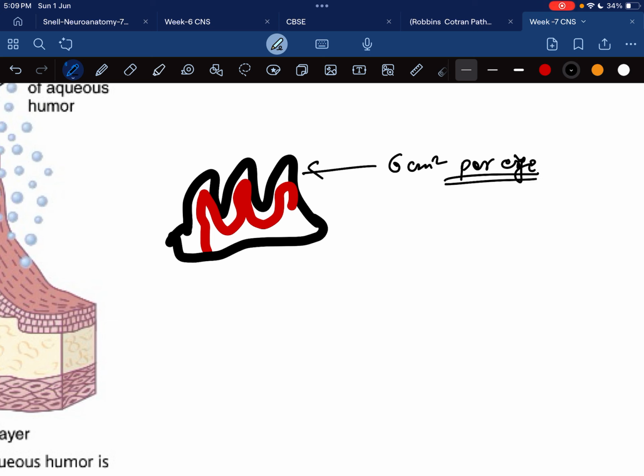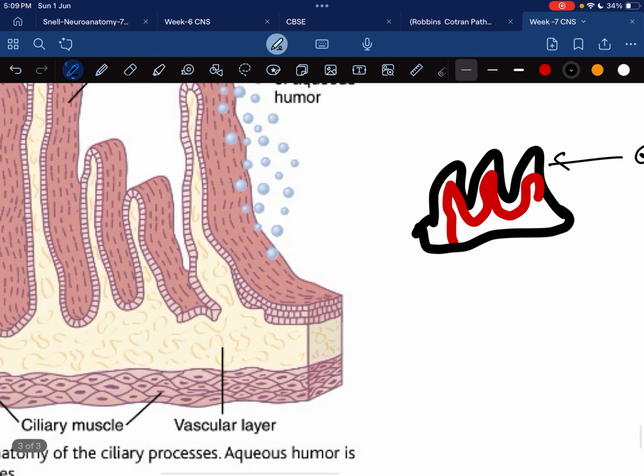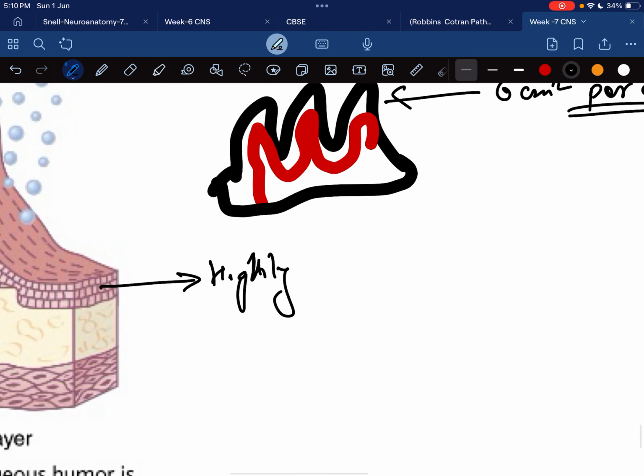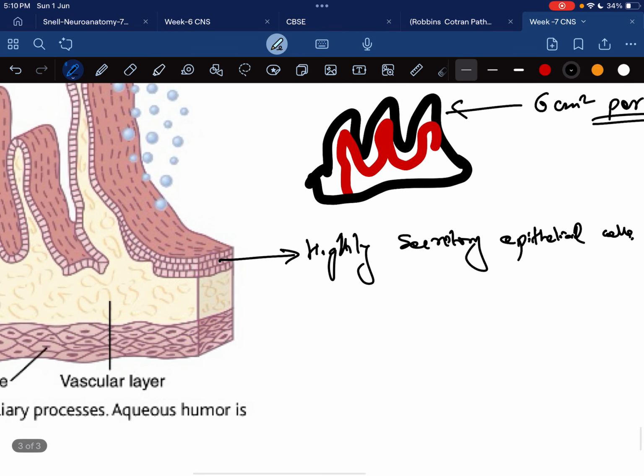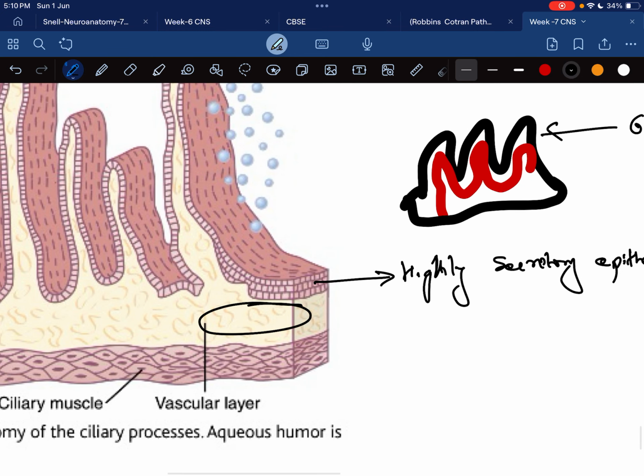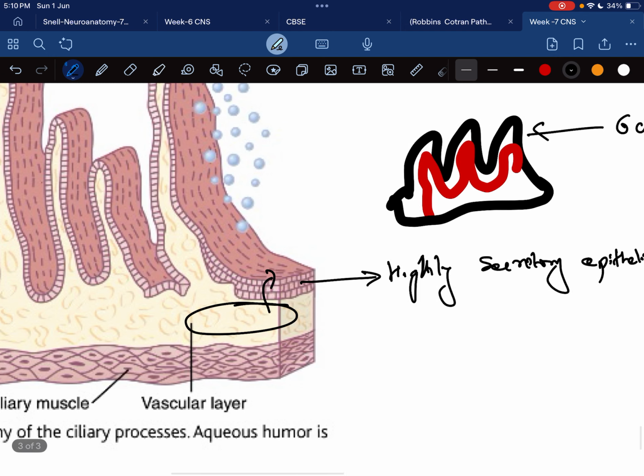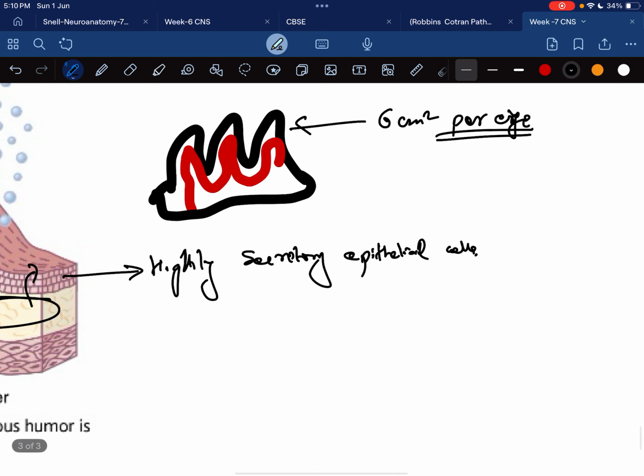When we look at the structure, it has highly secretory epithelial cells overlying the vascular region, which has the vascular stroma.